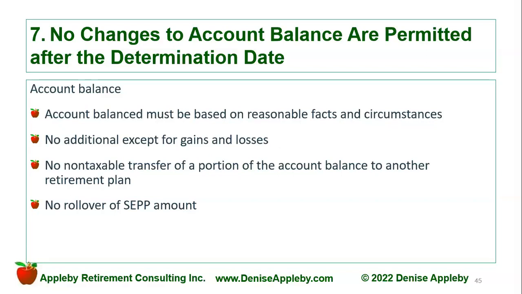But the key is you do not change the balance of the account under which the 72T program is being done by bringing in new amounts or taking a portion of the assets from the account. Full transfers, yes. Partial transfers, no.